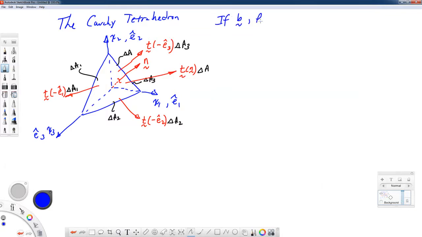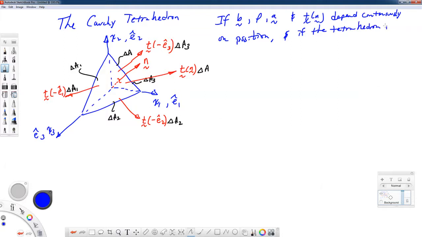If the body force per mass vector, the density of the material, the acceleration, and this traction term depend continuously on position, and if the tetrahedron is small, our integral over the body of rho b dV is going to be approximately equal to rho b delta V, the volume of that little object there.